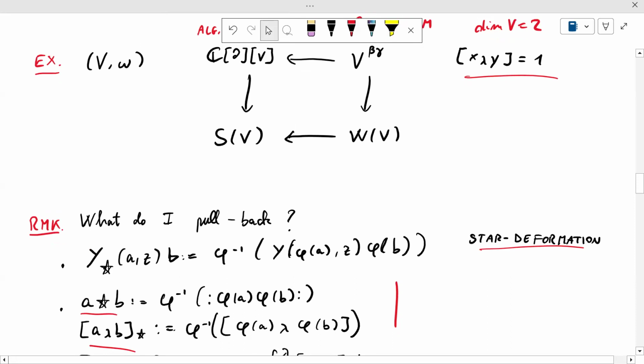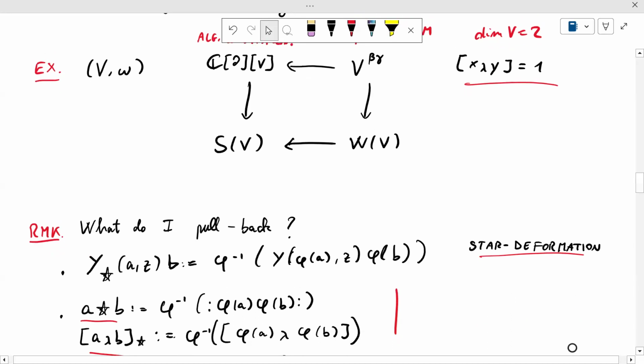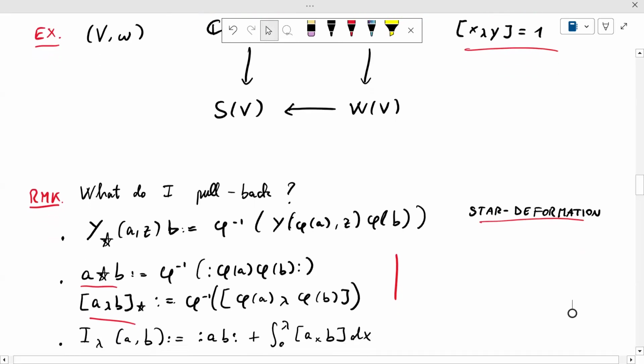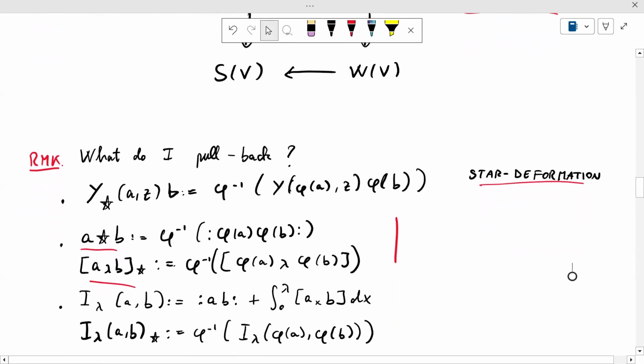Again, doing this computation, one would realize that it's actually doing sort of the same thing twice. And in fact, the thing that's more convenient to pull back is a more or less well-known formula for the vertex algebra. This is called the integral lambda bracket.